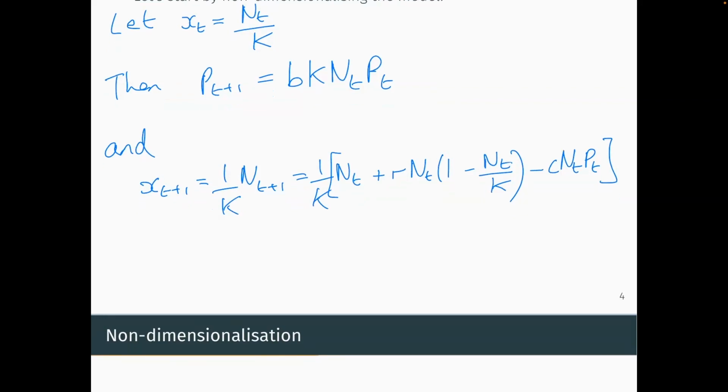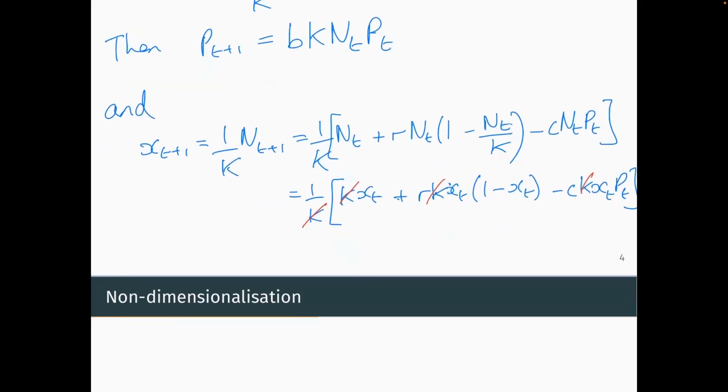Okay, so everywhere we see an n t, we can replace it with k times x t. So k x t here plus r k x t. We've got an n t over k in the brackets, so we're just going to have 1 minus x t here. And then we're going to have a c k x t p t. And then we can see all of our k's are going to cancel.